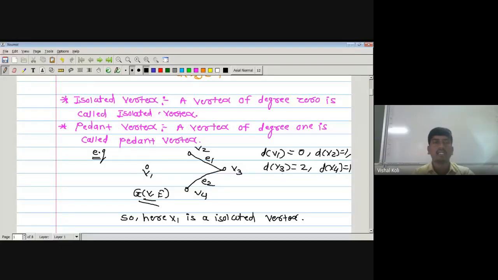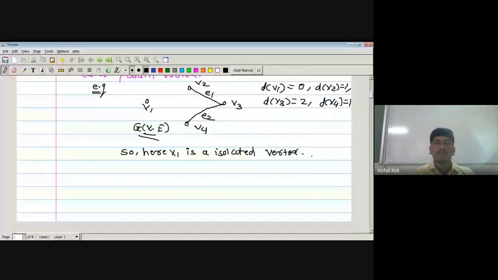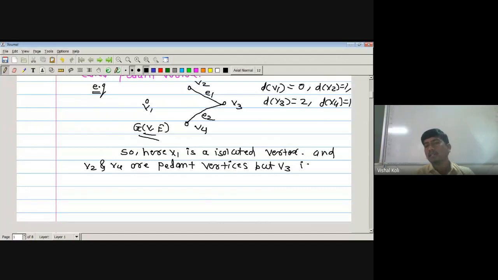As degree of V3 is equal to 2, V3 is neither an isolated vertex nor a pendant vertex. So V2 and V4 are pendant vertices since their degree is 1, but V3 is neither an isolated vertex nor a pendant vertex.